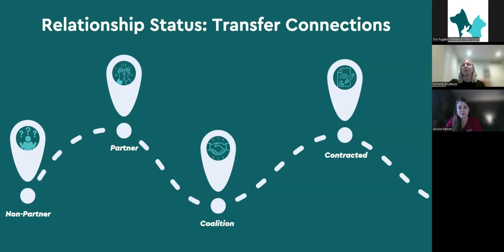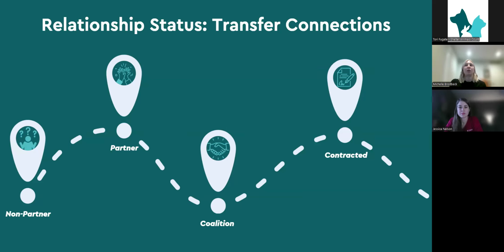commitment. And then next we have coalition members. They're part of a more formal working network working towards a shared goal, like reducing shelter intake. And this might involve combined strategic planning, or even data sharing to benefit their greater community. And finally, the most formal being contracted organizations.